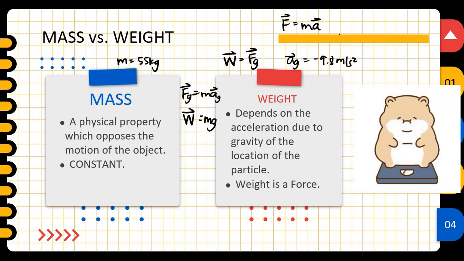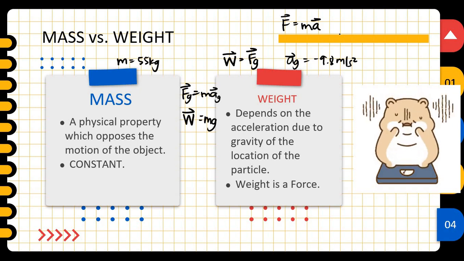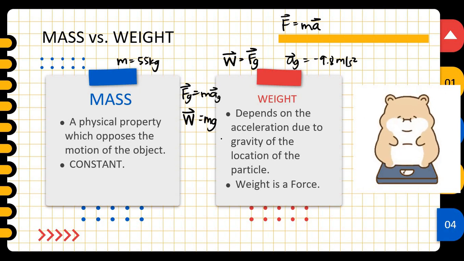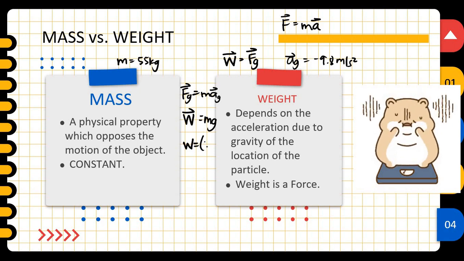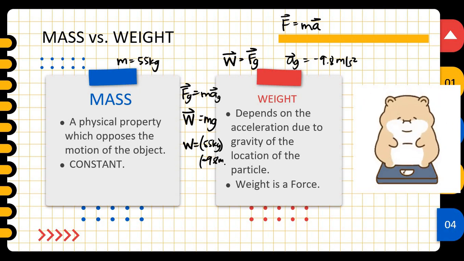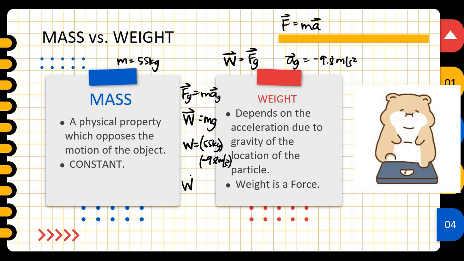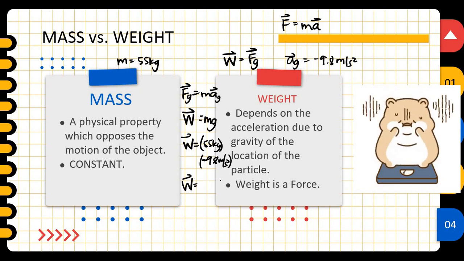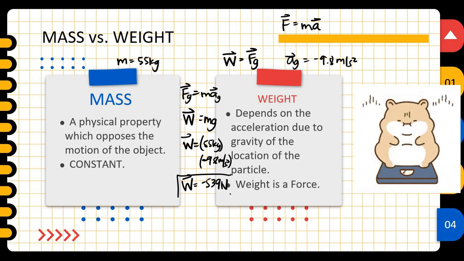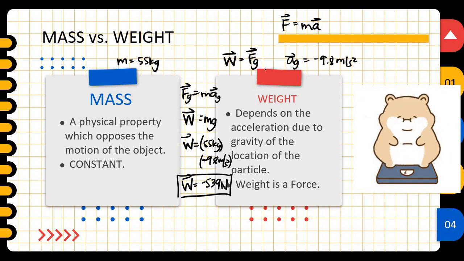So, our weight on Earth, if your mass is again 55 kilograms, let's write in here 55 kilograms times negative 9.8 meters per second squared, then your weight is equal to negative 539 newtons, since the unit newtons is the one that we use for forces.